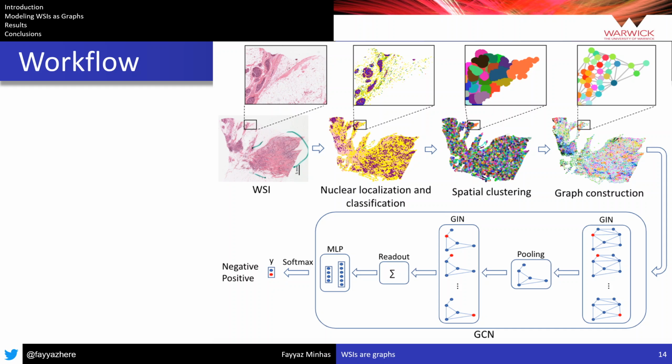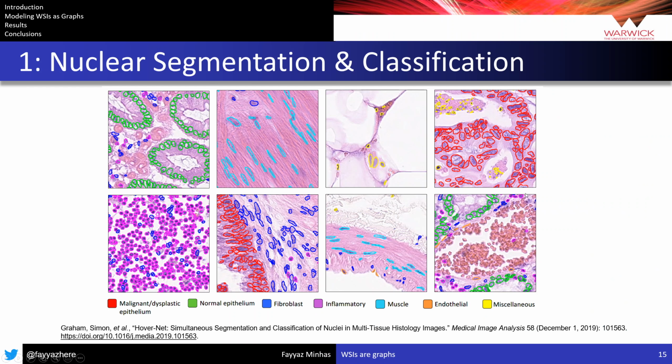And then we construct a graph by modeling how different regions are connected to each other. For a given data set with associated training labels, we feed those to train a graph convolution neural network. And once we get a test image, we do the same process of graph construction and then feed that into the trained graph convolution neural network to generate a prediction label. So that is the brief workflow of how SlideGraph works.